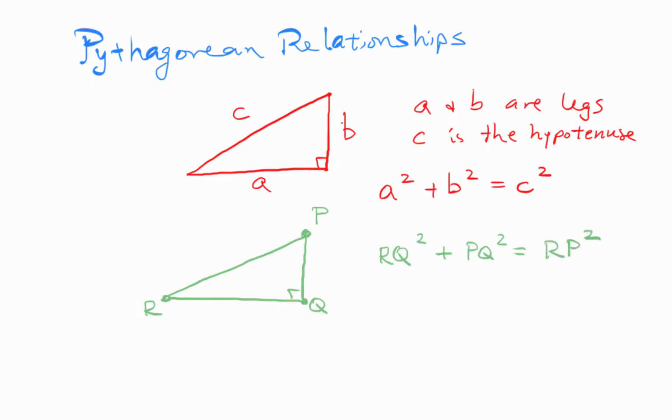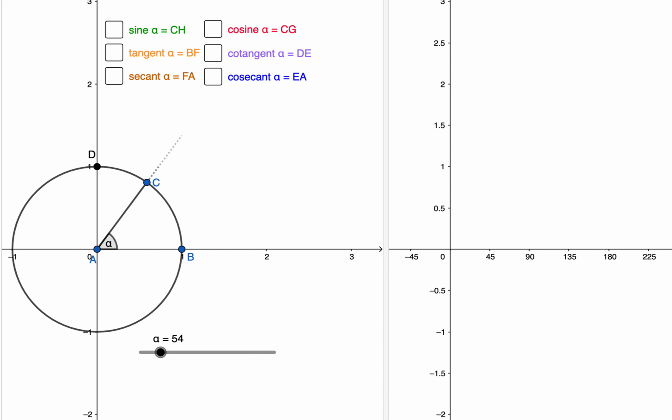And so speaking of trigonometry, I want to put this relationship in terms of a unit circle and see what we have there. So let me bring up this page here. I've got this GeoGebra file set up where I can change the angle and I get a ray here that goes out.